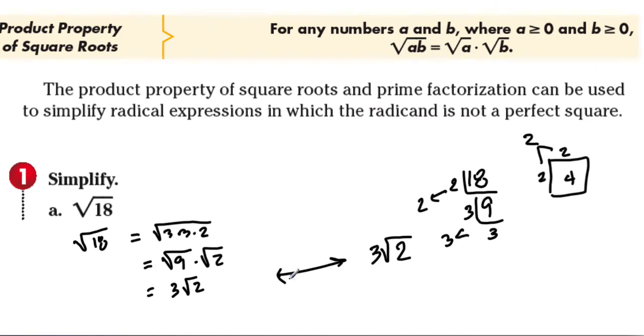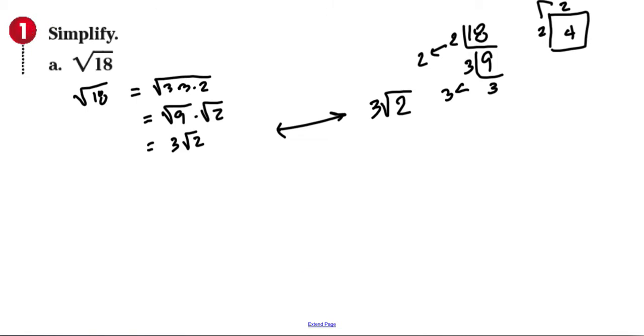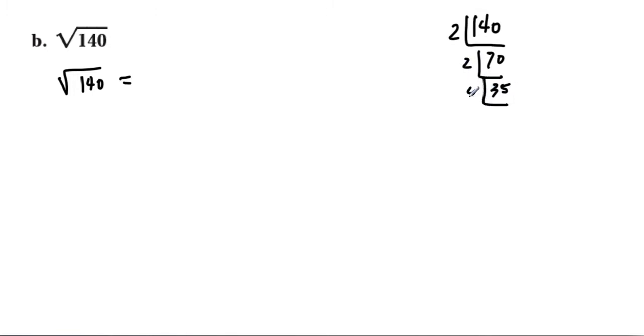And let's take a look at B, radical 140. Again, let's do the prime factorization method. Radical 140 using the drop down method: 140 divided by 2 is 70, divided by 2 is 35, divided by 5 is 7.